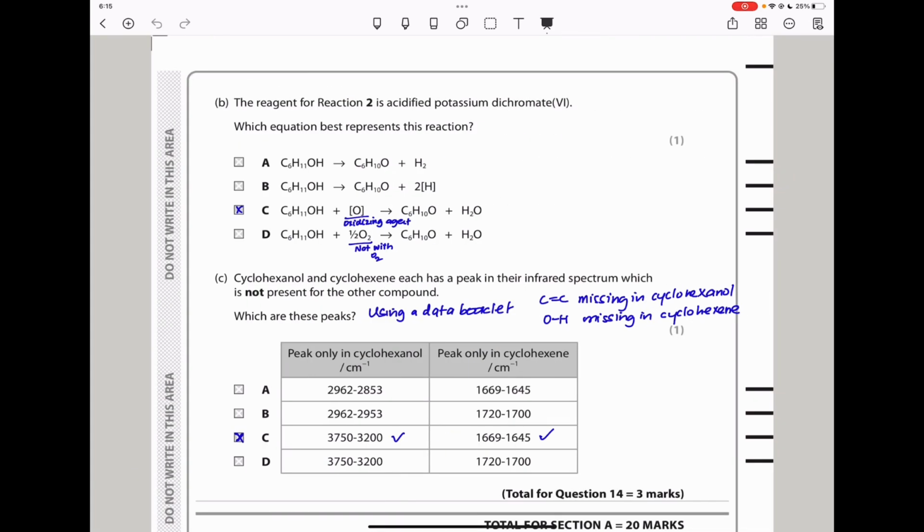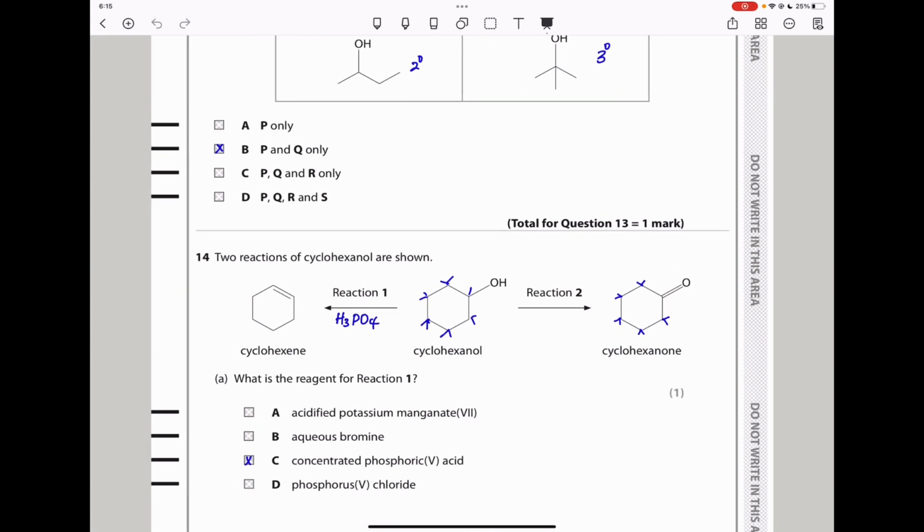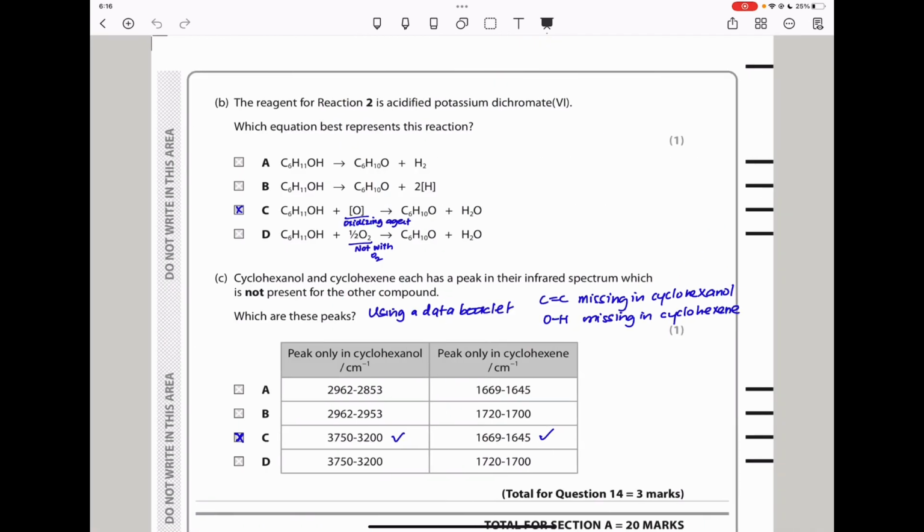Moving on, 14B says, the reagent for reaction 2 is acidified potassium dichromate(VI). Here they ask which equation best represents the reaction. Again, I want to take you back. Reaction 2 is oxidation, conversion of an alcohol into, this is a ketone. So to form a ketone, this is a secondary alcohol forming a ketone. That should be oxidation, and we know it's acidified potassium dichromate(VI).